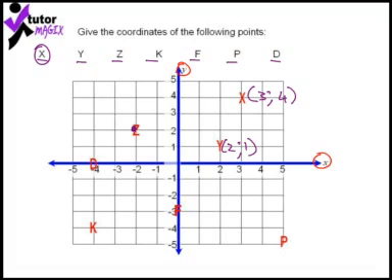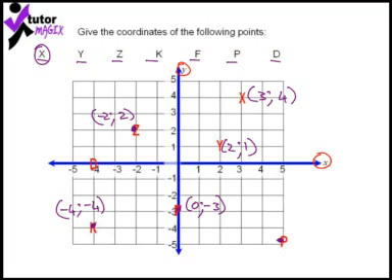Z, that point there, is minus 2 on the x-axis and 2 on the y-axis. Then we've got K. K is right down here. It's minus 4 on the x-axis and minus 4 on the y-axis. F is on the y-axis, so it will have a 0 value for x because it's against the wall, but it is down at minus 3 on the y-axis.